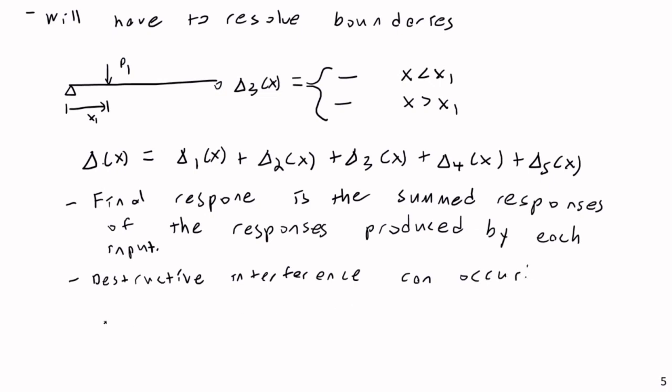For example, let's consider the same beam with two loads on it. Let's say I have a point load and a couple applied at the same location. Well, let's look at the deflection caused by the point load. The point load deflection is going to be fairly simple.